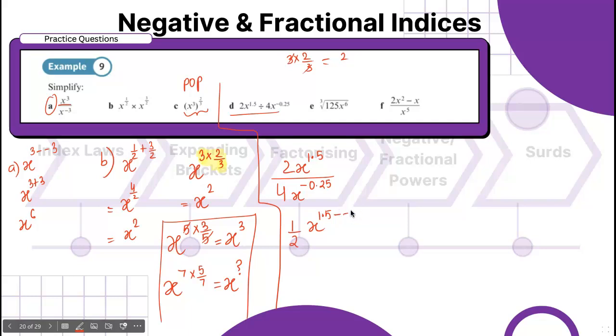Again, it's like A part only, just the indices are a bit complex, no? So 1 over 2 x to the power 1.5 plus 0.25. So that would give us a half, or you can say 0.5 x to the power 1.75. Does that make sense? Okay, perfect.